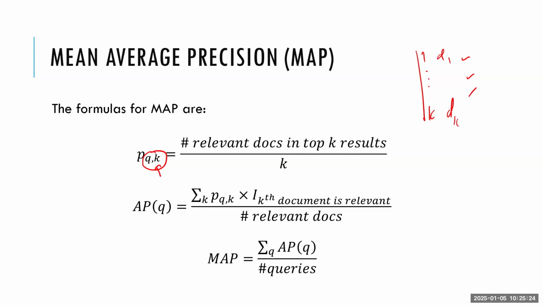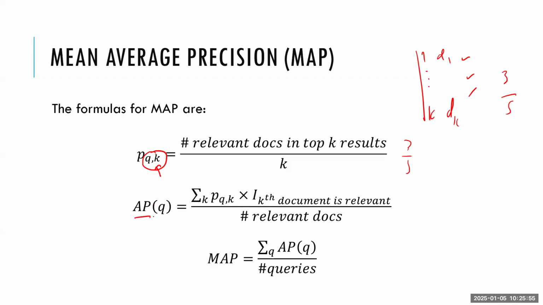If it's binary, then I can just count the number of relevant documents. So if the number is, let's say, 3 out of 5, then you get 3/5. Basically, in the k list you give, how many of them are relevant? That is the fraction. And that's it for the P, right?